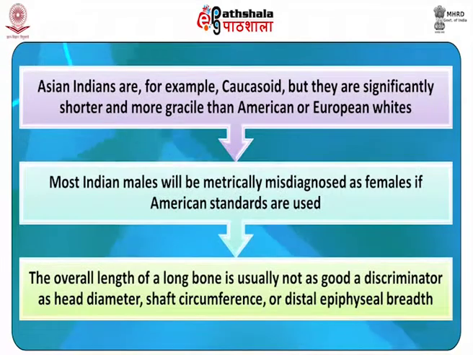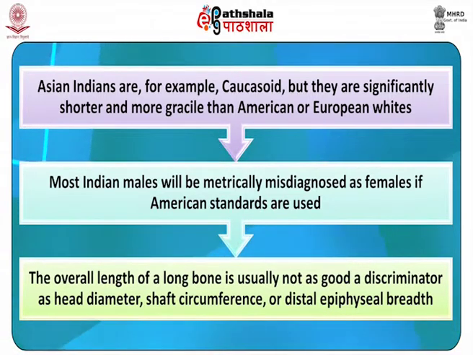Discriminant function formulae have been calculated from the dimensions of numerous bones and their substructures, but these methods are highly population specific. Even within the three major race groups, Asian Indians are, for example, Caucasoids, but they are significantly shorter and more gracile than the American or European whites.